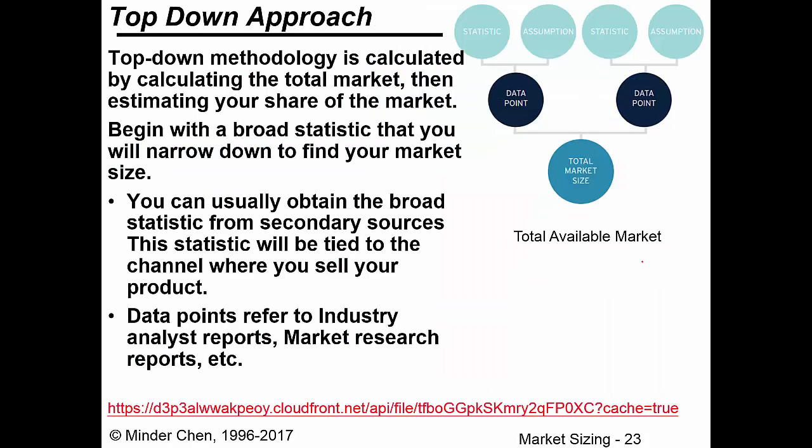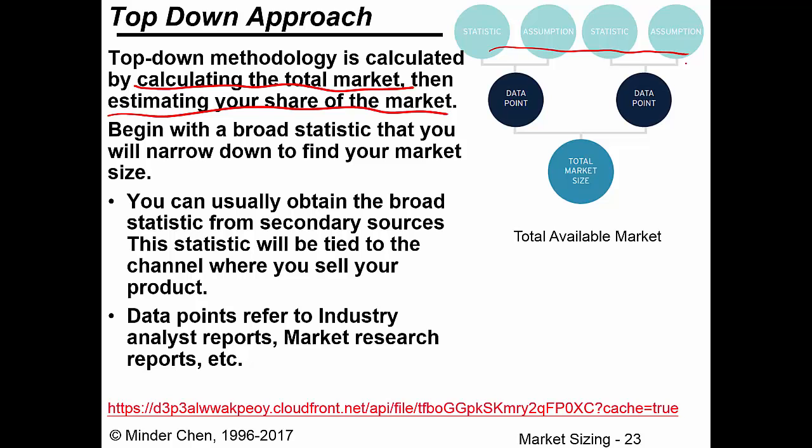We can estimate the market size through a top-down approach or a bottom-up approach. We're going to start with the top-down approach. The top-down approach is calculated by first calculating the total market, then estimating the share of the market that you try to grab from this total size. So you start with some broad statistics, such as overall population, households, and total sales of a certain product in the industry.